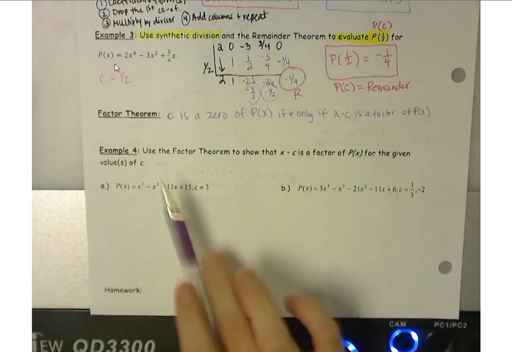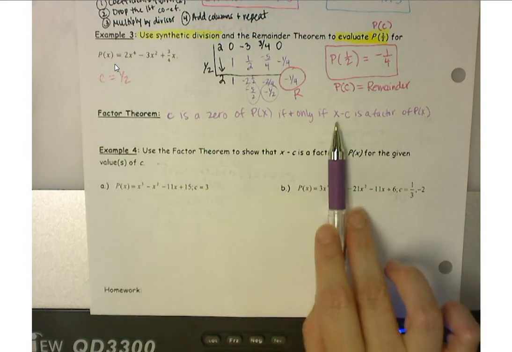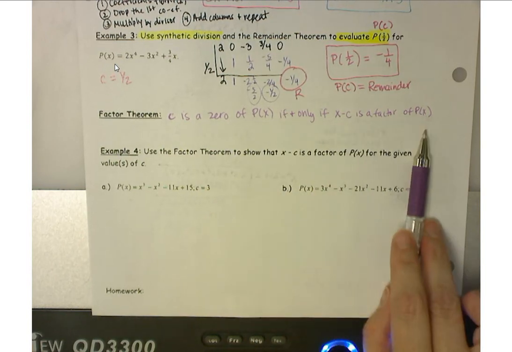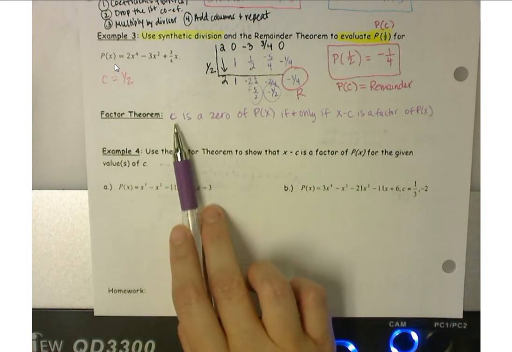Okay, so c is a zero of p of x if and only if x minus c is a factor of p of x. So if you think back to what we were doing yesterday, that makes sense.